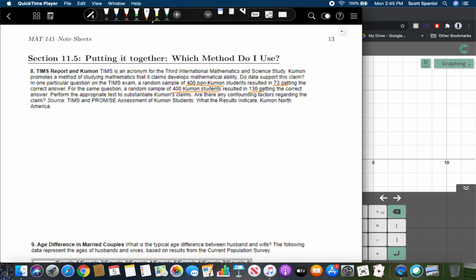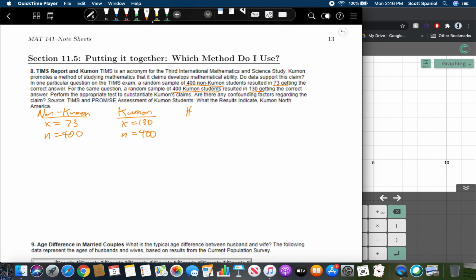Okay. So in this case, we're being given a proportion, right? Because we're given an x and an n. For non-Kumon students, we have x is 73 out of 400. For Kumon, x is 130, where n is 400. And so we're dealing with proportions.